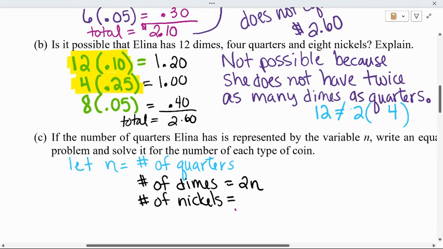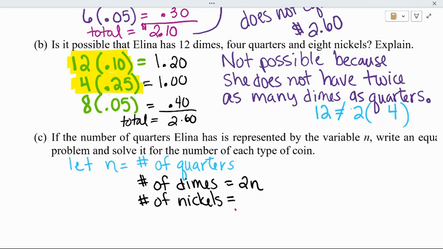So what does it say about the number of nickels? What's the comparison up there? It says 2 less quarters than nickels. So that means, does she have more quarters or more nickels? Nickels.